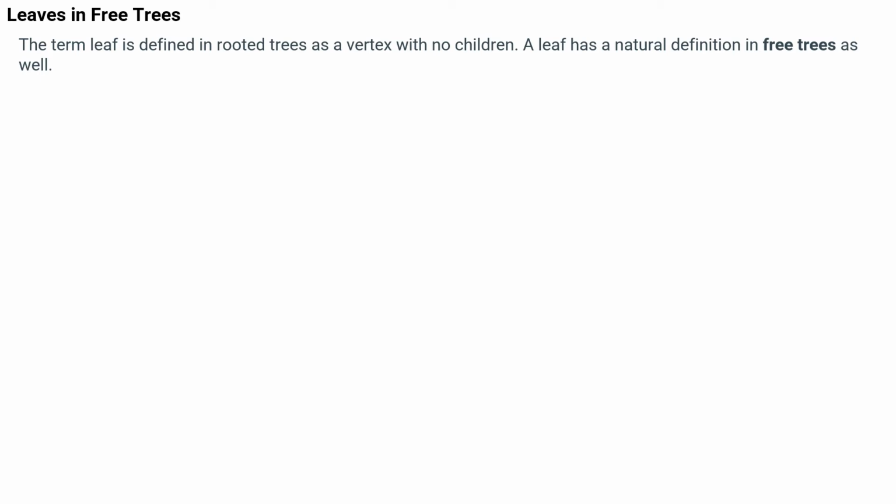Well, it turns out that we can come up with a definition to say what a leaf is in a free tree. The reason it has a different definition is because there is no such thing as children in a free tree.